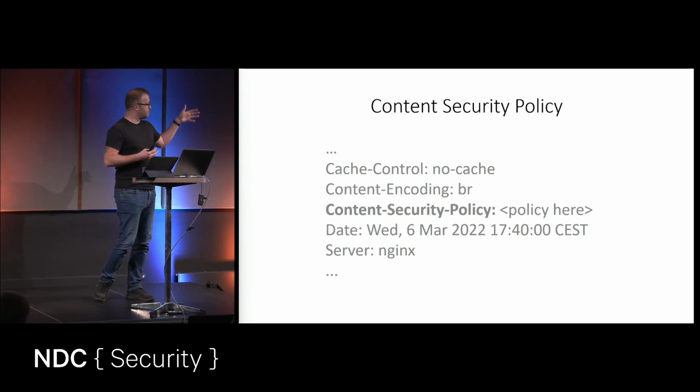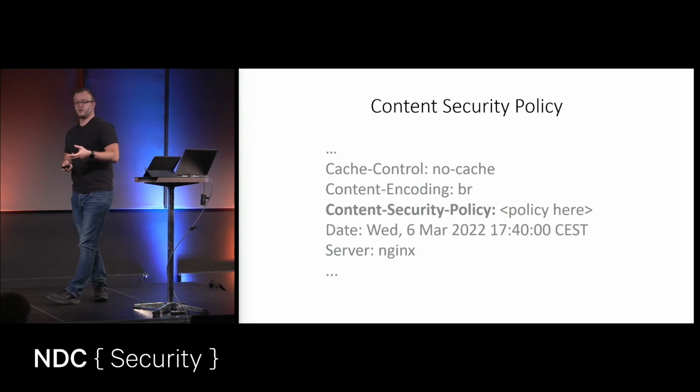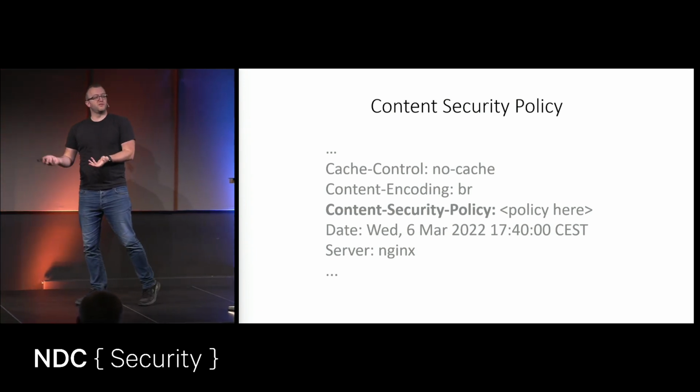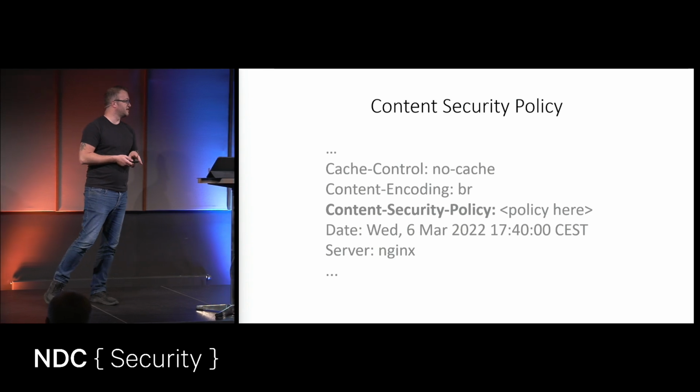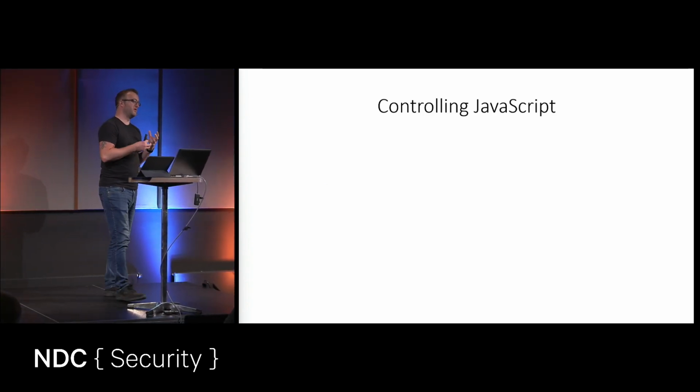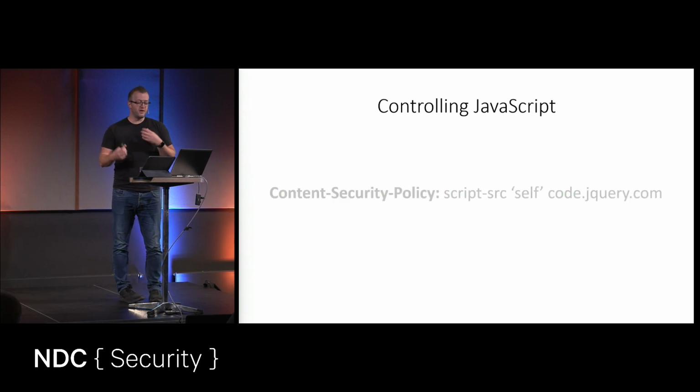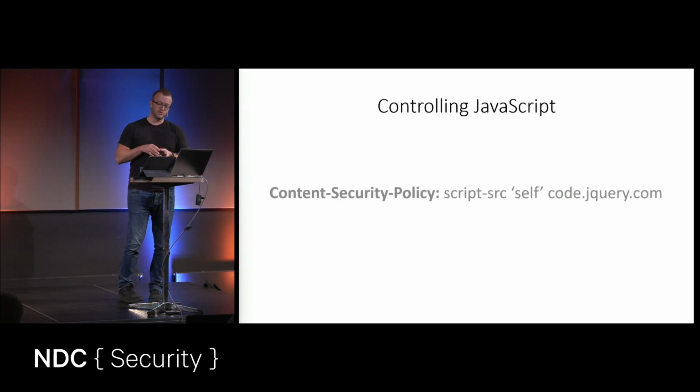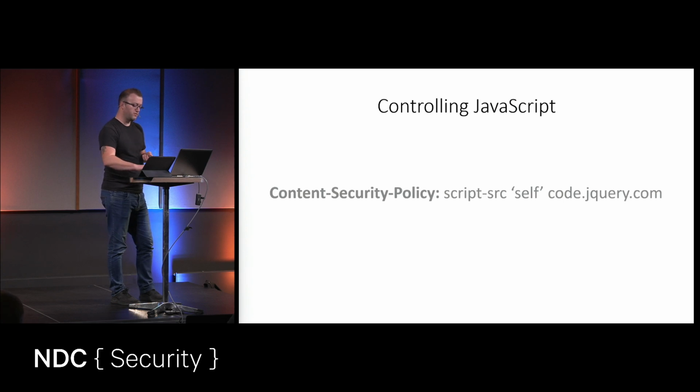So the most powerful type of content that people like to control with CSP is JavaScript, because it's the most dangerous type of content that we load. So if you look at how we control JavaScript with content security policy, CSP has a wide selection of directives that we can use to assert our control over that particular type of content.